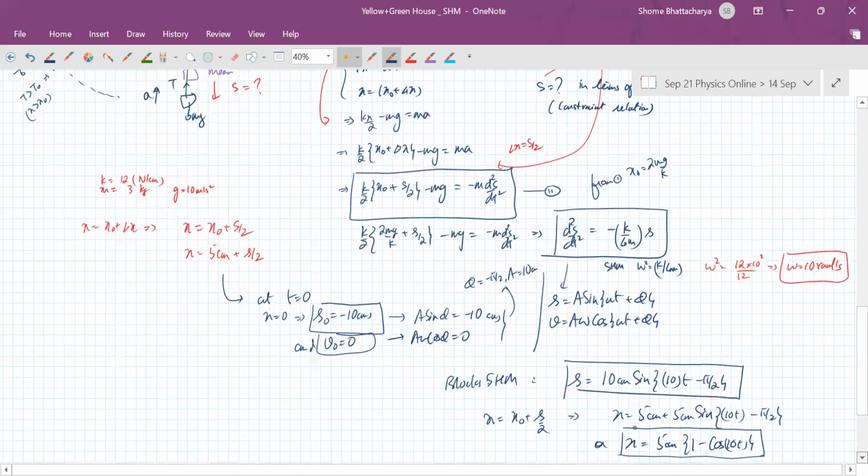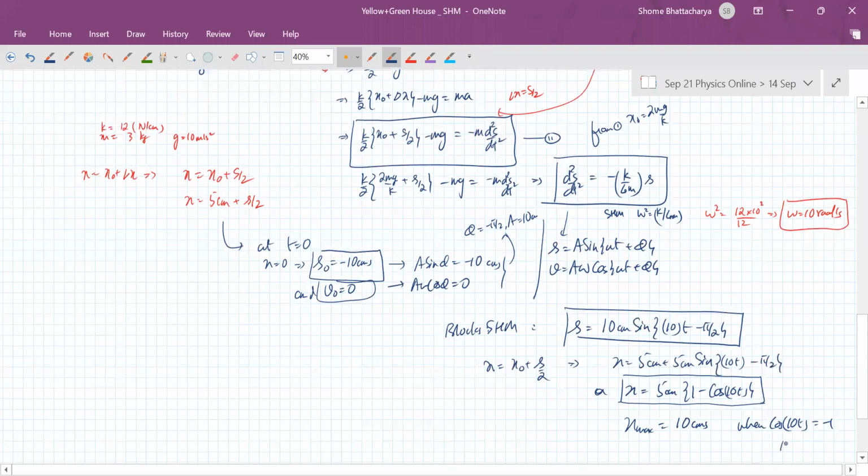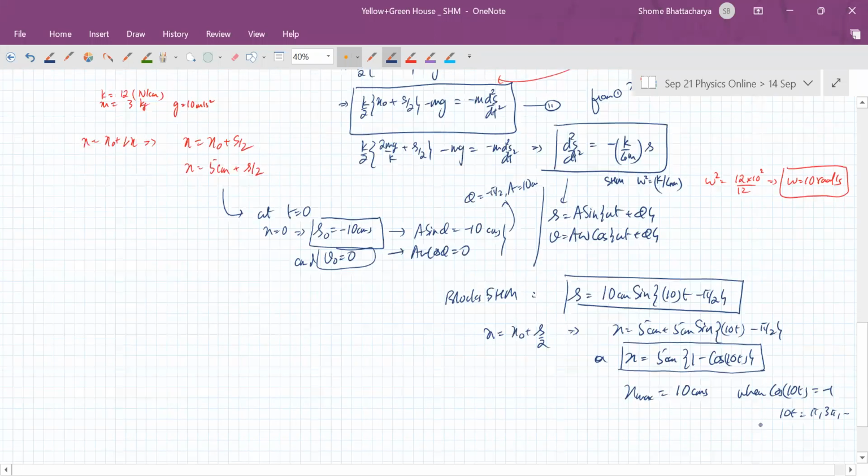So from this, we're also getting the idea that the maximum extension of the spring is 10 centimeters, when cos 10t will be minus 1, or 10t will be pi, 3 pi, etc. So x ranges between 0 to 10 centimeters. So that is as far as the extension of the spring is concerned.